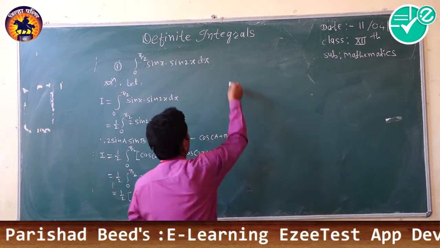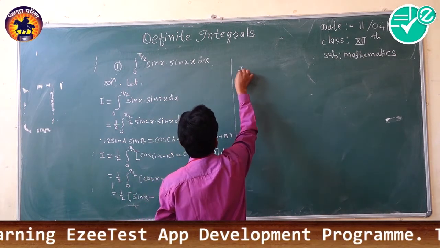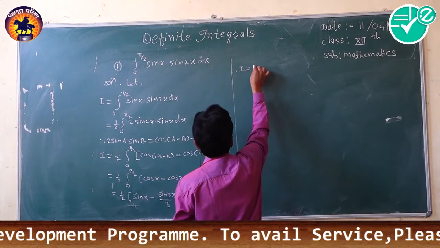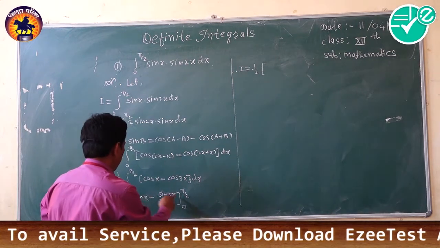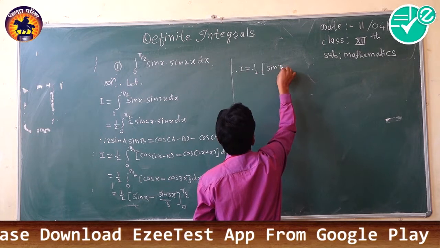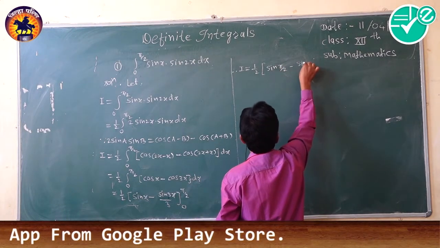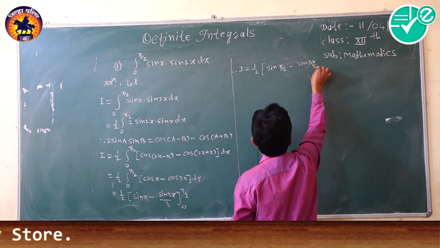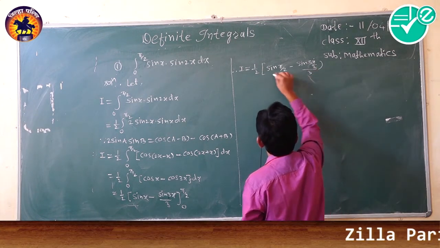Now I is equals to 1 by 2. Now substituting here the upper limit pi by 2, that is sin pi by 2 minus sin 3 pi by 2 upon 3 in the first bracket.